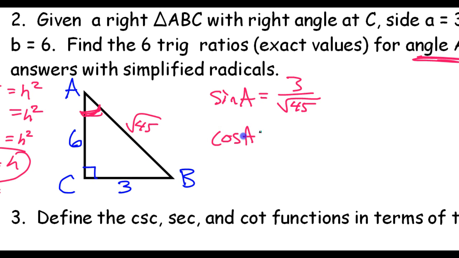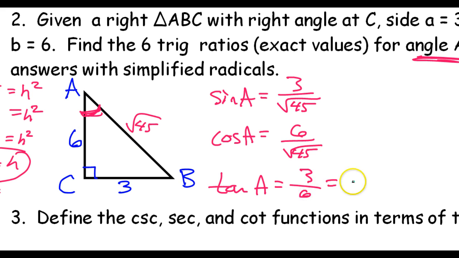Cosine of A is adjacent over hypotenuse, so that's 6 over radical 45. And tangent of A is opposite over adjacent, so that's 3 over 6, that's 1/2. Now, I feel like I should reduce these because I see the 3 up there.